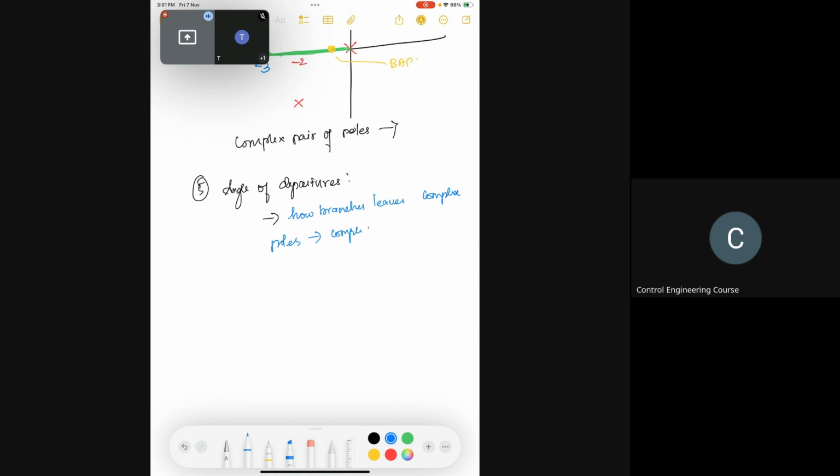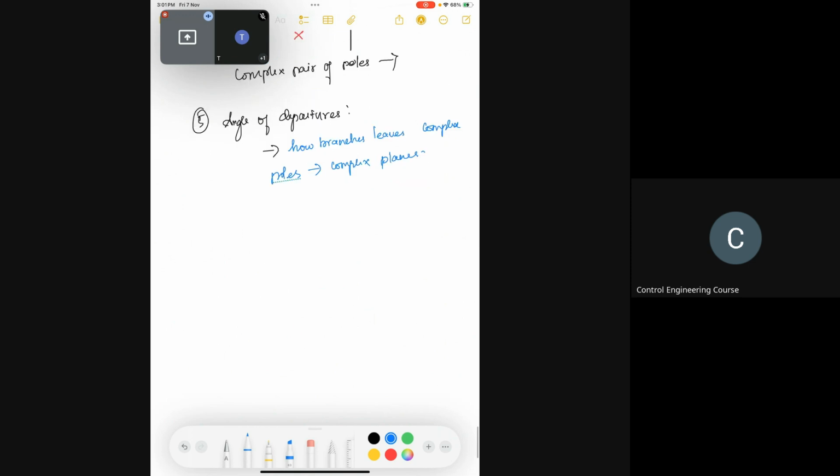Similar to what we saw with the asymptote, it tells how the root locus leaves the real axis into the complex plane. This angle of departure will tell how the root locus leaves the complex poles into the complex plane. In case of real poles, we have to find asymptotes. In case of complex poles, we have to find the angle of departure.